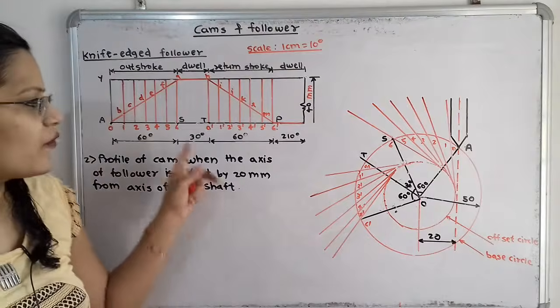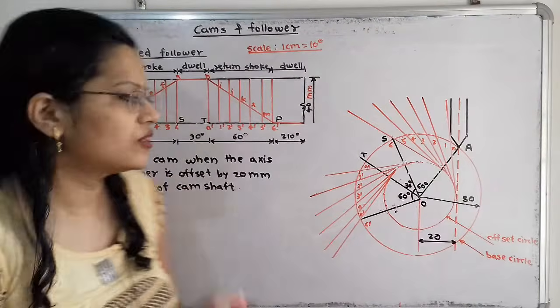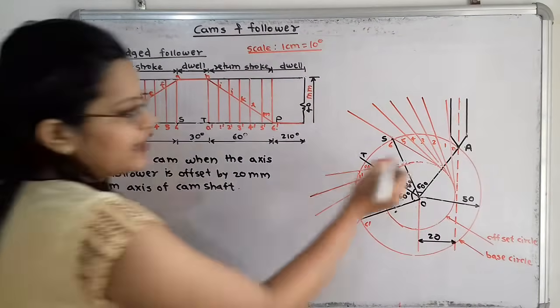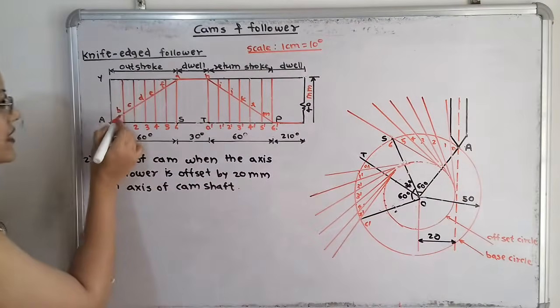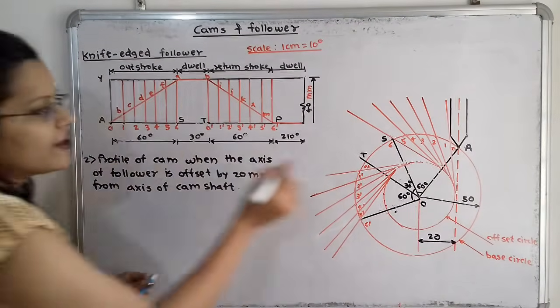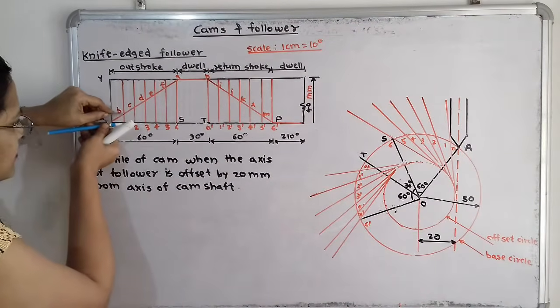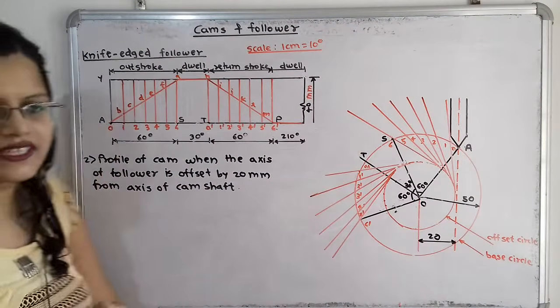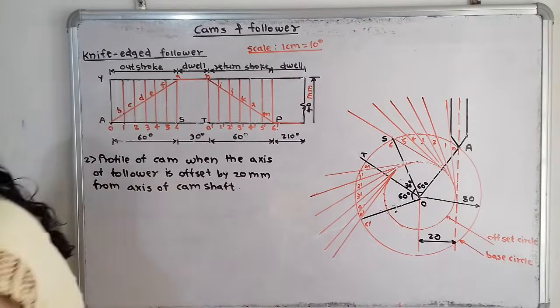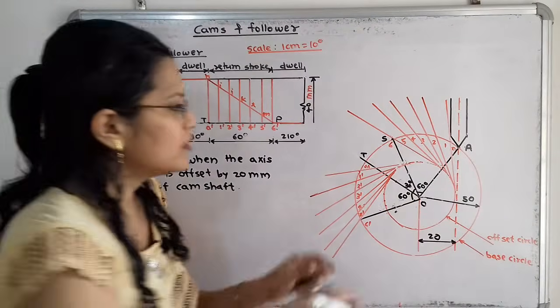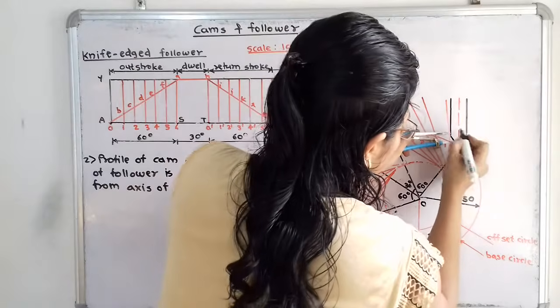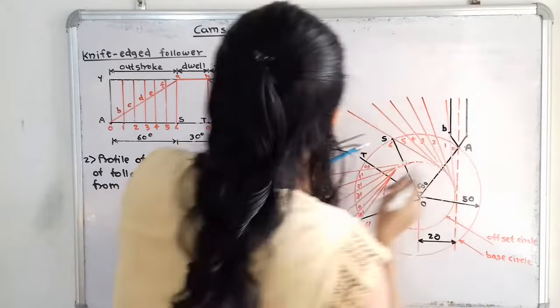Now it is easy for us to transfer the distance. The initial position of the knife edge is at point A. The next position is at point B, from point 1 to B. So we take this distance and transfer the same distance. I will use the black marker. From 1 to B, transfer the distance; here is the point B.